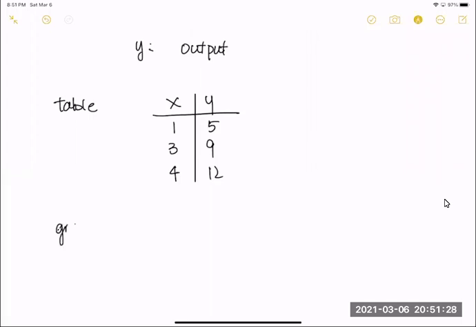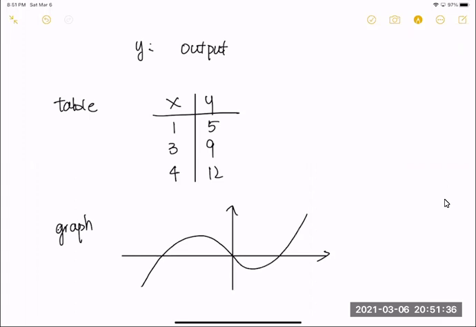The second way would be a graph. So we have a graph here. In this graph, this point is (0, 0). That means when x equals 0, y equals 0.